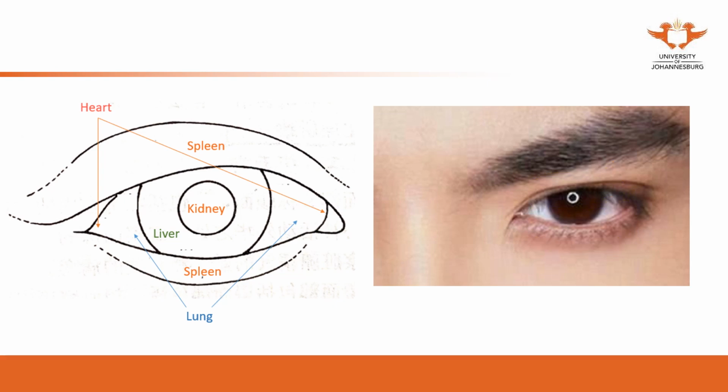And also the white parts of the eye here, both sides, these are related to the lung, so we can see the condition of here, see the lung. Sometimes you can see the blood vessels in the white parts.